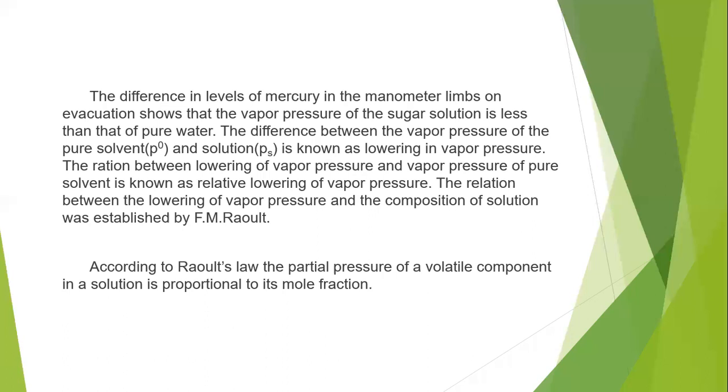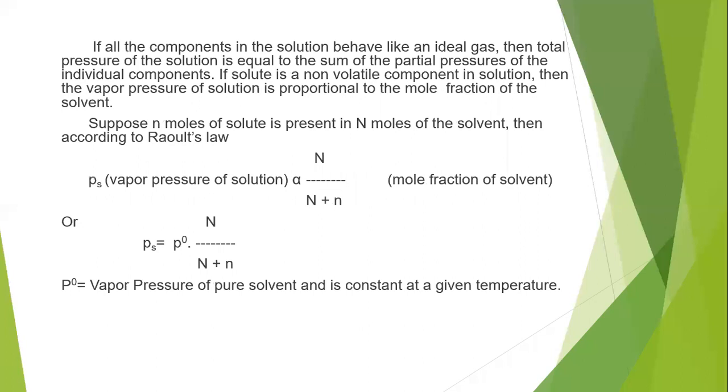For example, if we want to calculate the partial pressure of a solvent, it is proportional to the mole fraction of the solvent. If all the components in the solution behave like an ideal gas, then the total pressure of the solution is equal to the sum of the partial pressures of the individual components.